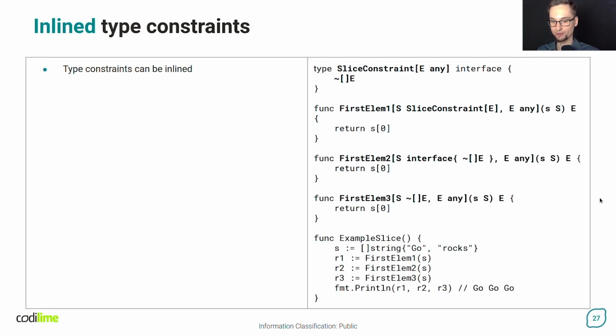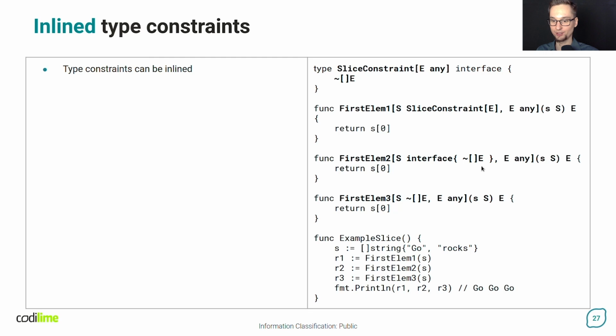Also, type constraints can be inlined. So we have an example of that here. This slice constraint has been inlined here. To do that, the programmer needs to write an interface keyword and then in brackets the body of the constraint, right?